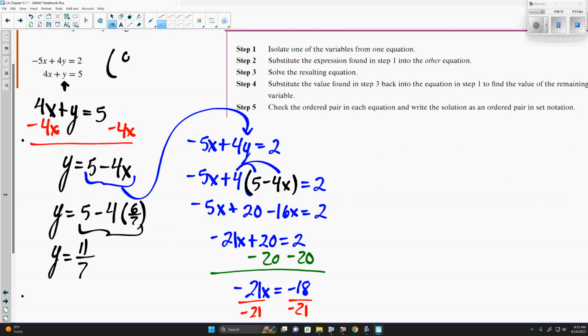So it tells us the solution is 6/7 comma 11/7. It came out to be a little weird, but that's it. Any questions on this here?